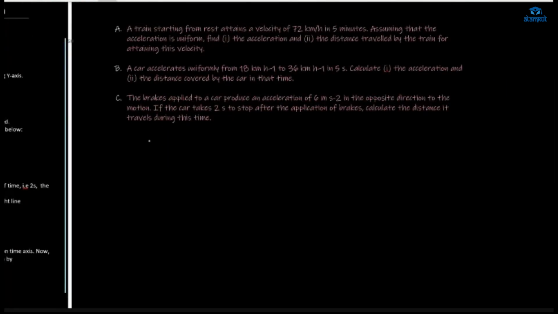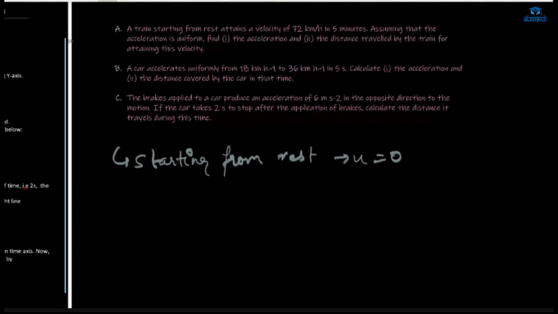If a question says a body has started from rest, then we take u as 0. Then it attains a velocity, whatever velocity it attains comes under v, the final velocity.